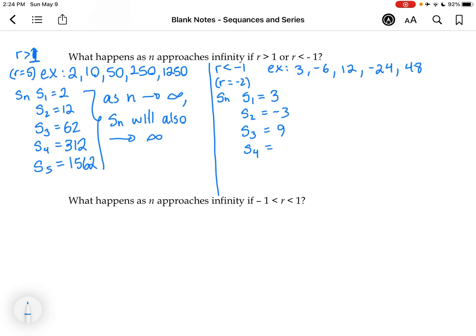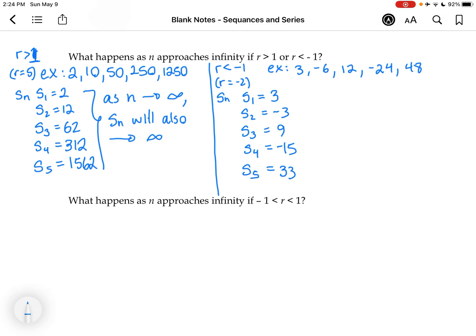S4 is 9 plus negative 24, which is negative 15. And then S5 is the first 4 terms, negative 15, plus 48, which is 33.